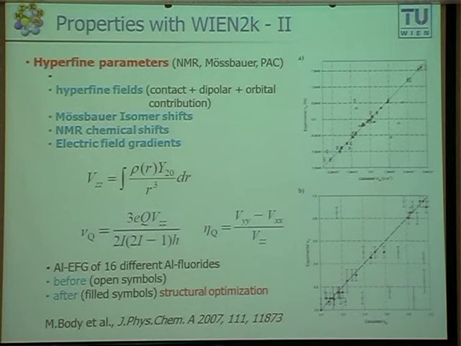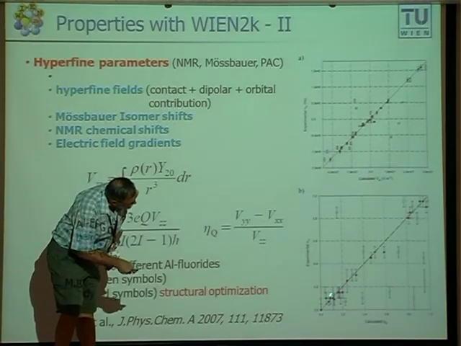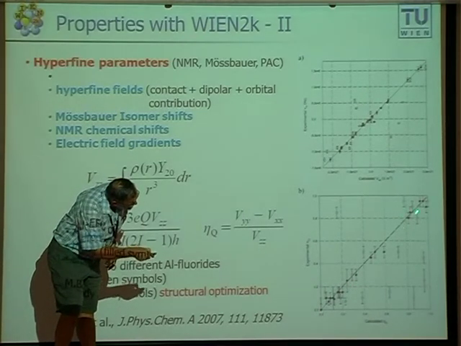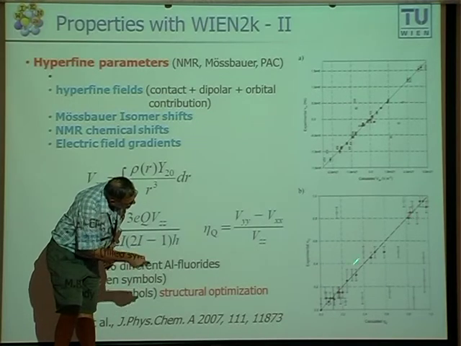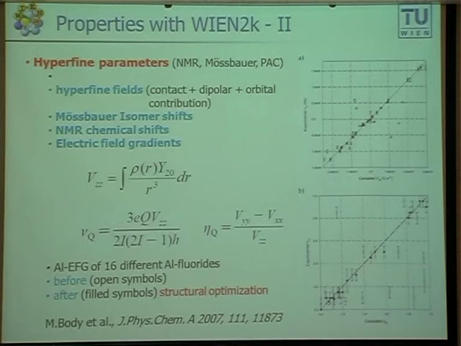It's easy to determine lattice parameters with X-rays, but the position of the atoms is much more difficult to find. If we do a structure optimization, we get the full symbols. And you can see the full symbols, within the error bar of experiment, are all on this 45-degree line and fit perfectly with experiment.